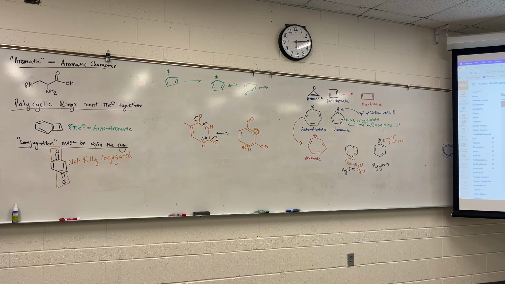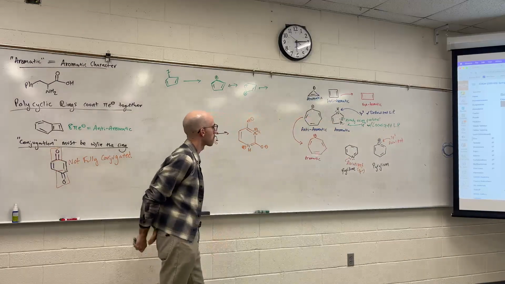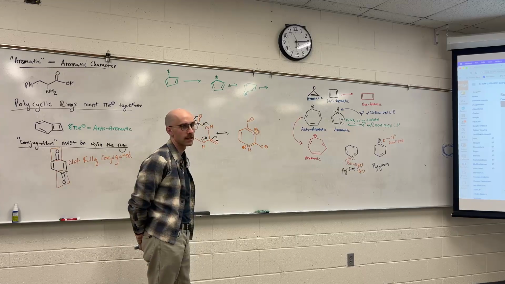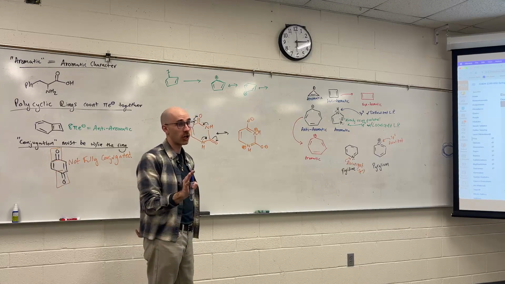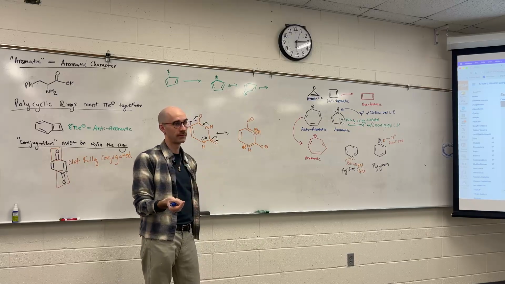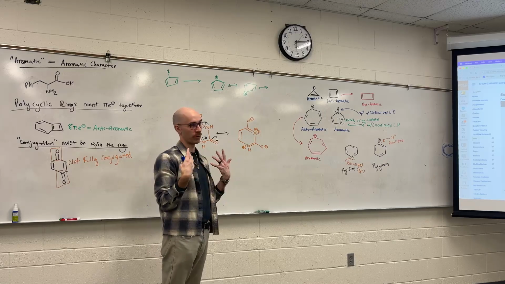Well, are you talking about just an atom in general? Yeah, just in general. So if it's carbon, carbon with a negative charge holds a lone pair. Carbon with a positive charge has an empty orbital.